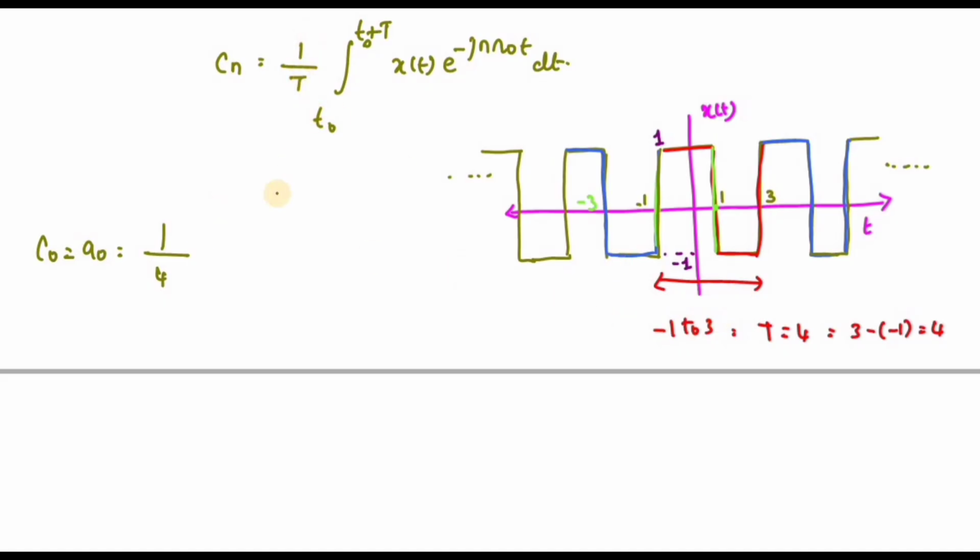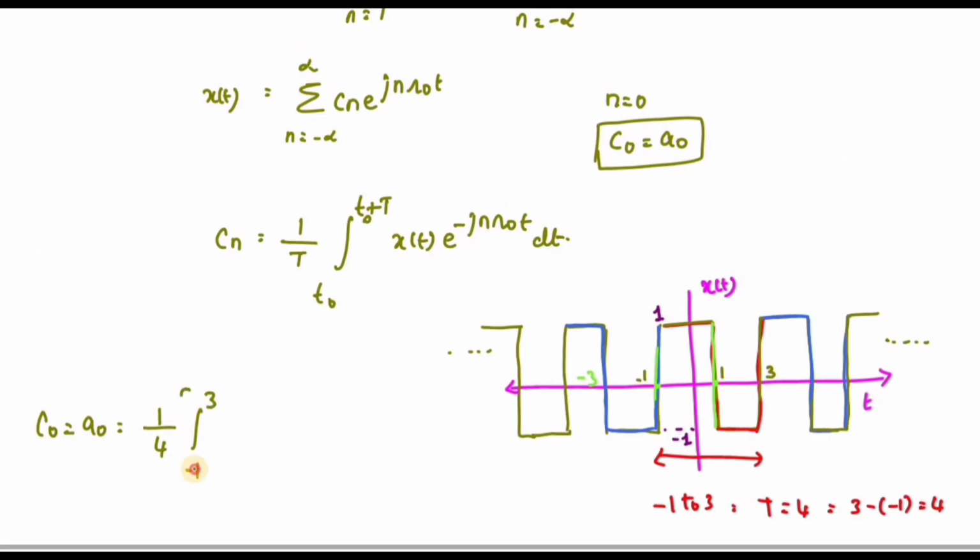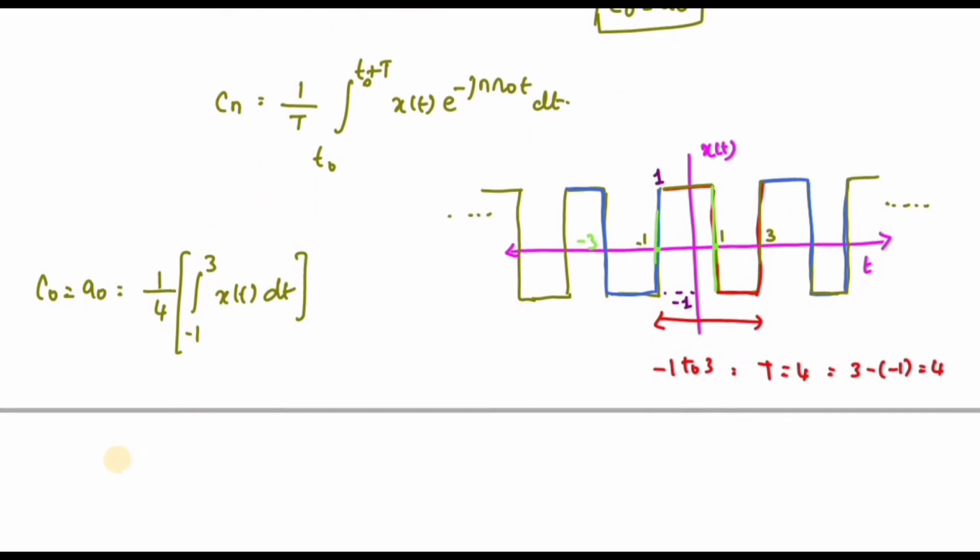So again I'm going to substitute in this formula and check. Okay, 1 divided by 4 integral from minus 1 to 3. x of t we need to find, and if I substitute n is equal to 0 it becomes 1 dt. So 1 by 4, from minus 1 to 1 it is 1, right? This is 1 dt plus from 1 to 3 it is minus 1 dt.